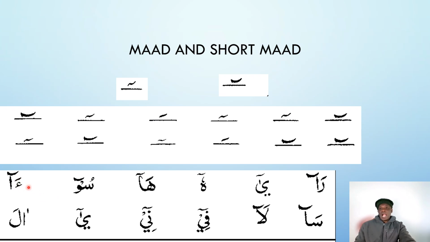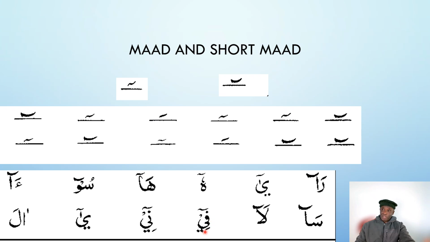Okay. Hamza, fatha with alif. Alif and hamza are almost the same, but here the hamza has to be lengthened, and with the bigger mad the length will be longer. Sa, la, lam alif mad, la, fi.